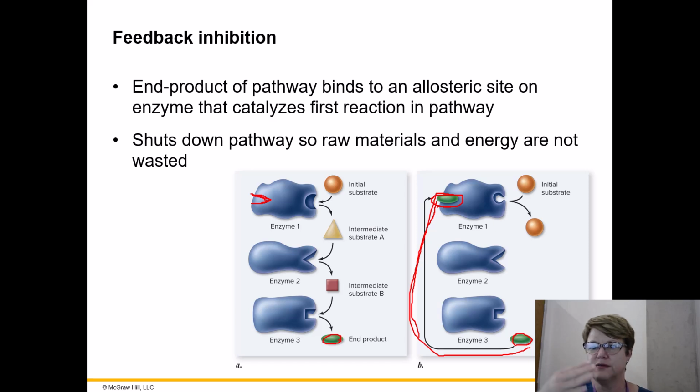And so the system keeps flipping back and forth between diagram A and diagram B to keep the cell from making too much or too little of the final product. So that's called feedback inhibition. It's a very common mechanism of control of these biochemical pathways.